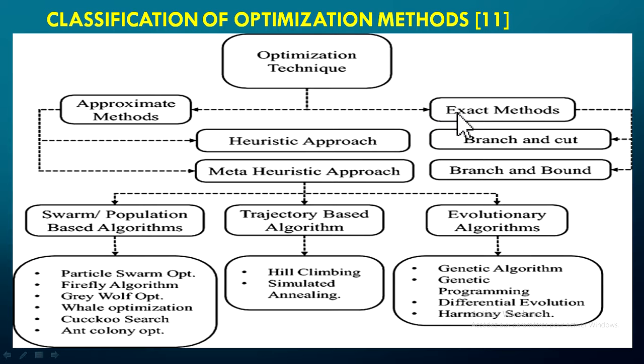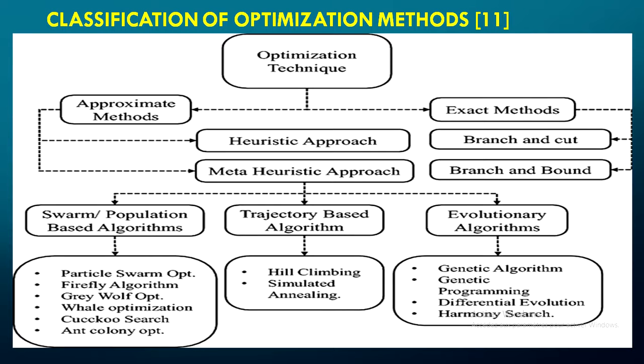For the second class, we have the exact methods, which are good methods because they give us the optimal solution, but they take a lot of time to solve the problem, which means their complexity is NP-hard.